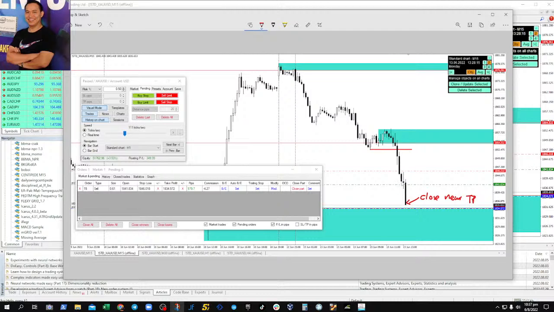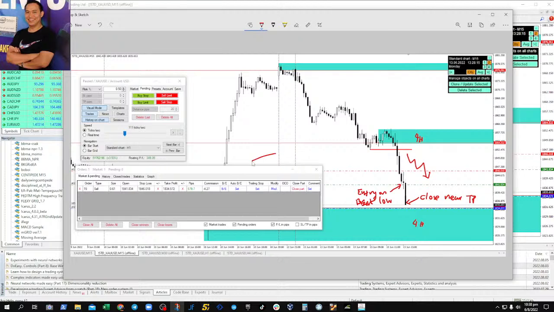The entry is basically to enter on the break low of this candle. Also, as you can see here, price is going down before the 4-hour. It's making a continuous downward movement, lower low, lower high over here. So that's why I took this trade just now.